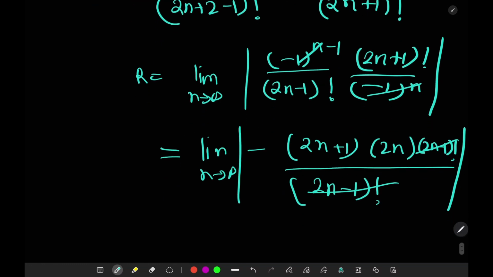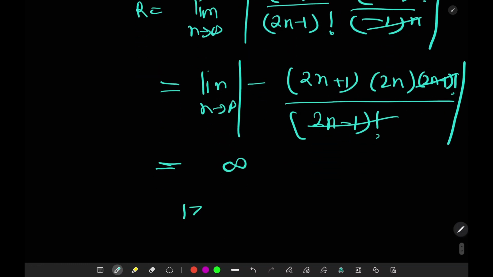This cancels out by this. So if we put infinity here, this equals infinity. So this converges absolutely for all z such that |z| < infinity.